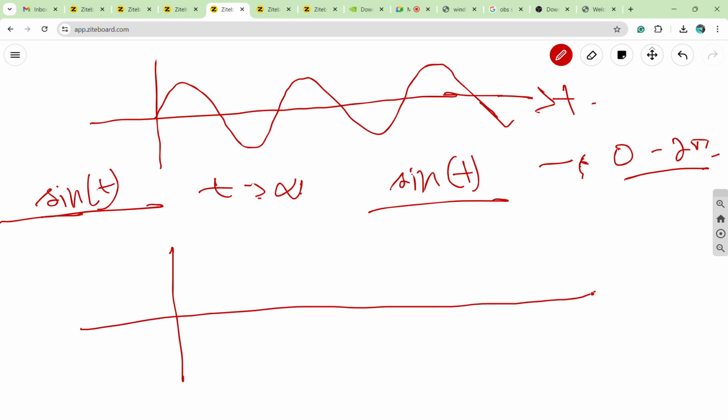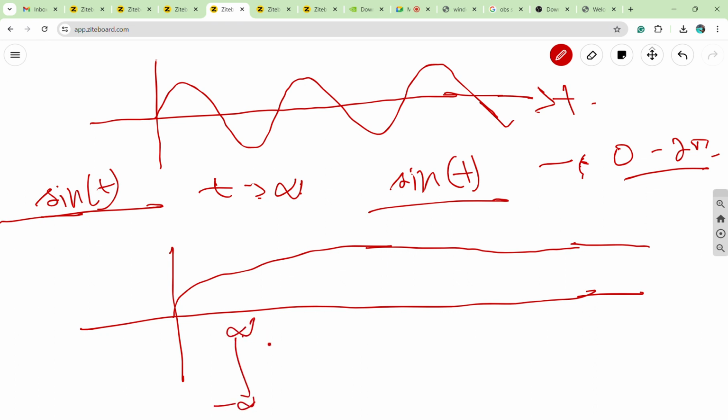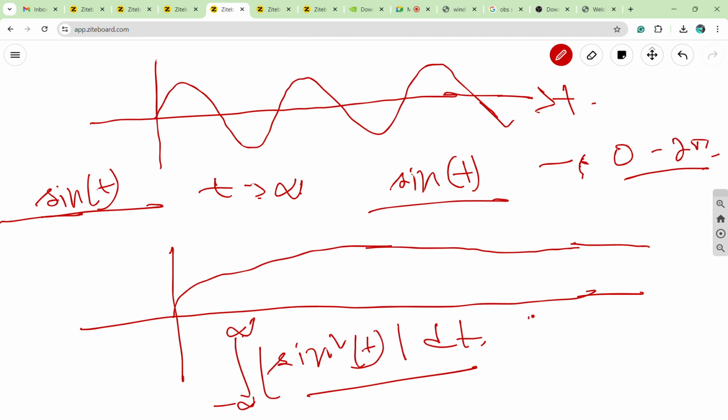So similarly, what will be the power type of thing? It will continue to exist to infinite. And then when you do the integration from minus infinite to infinite of mod of sine square t dt, you cannot say it is bounded by infinite.